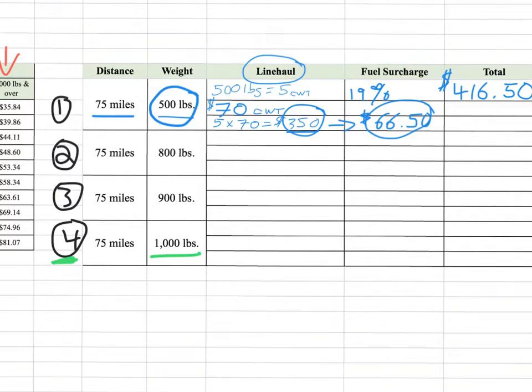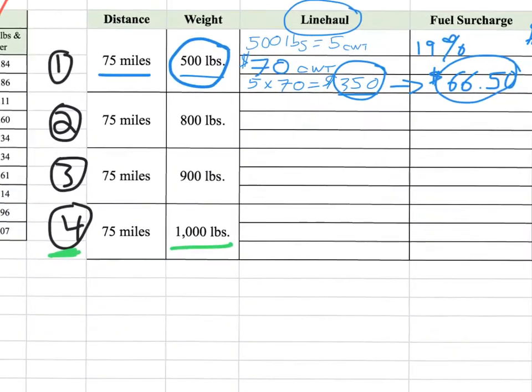So to ship 1,000 pounds, if we do this math again, that table told us our rate is $56 per hundredweight. Now, 1,000 pounds is 10 hundredweight, 10 increments of 100 pounds. We're going to times that by 56, and again, I don't need my calculator.